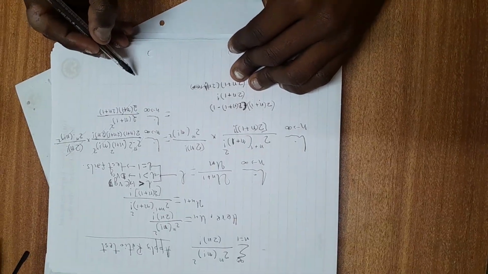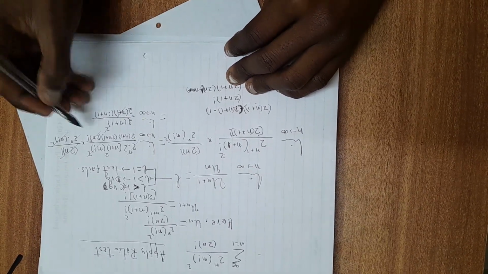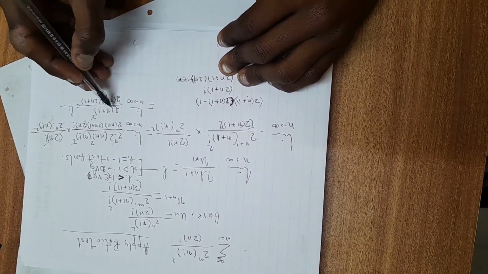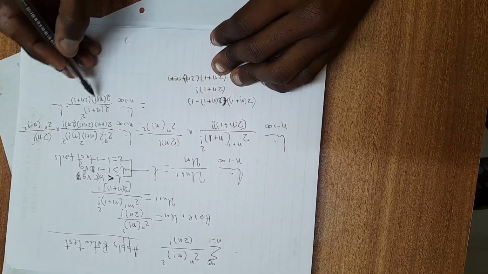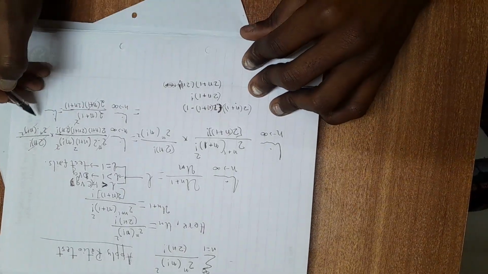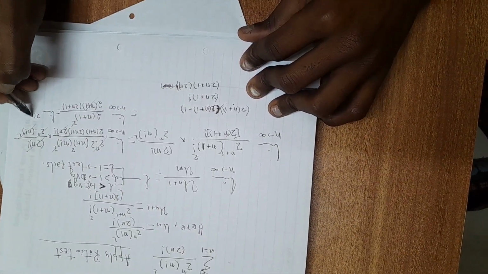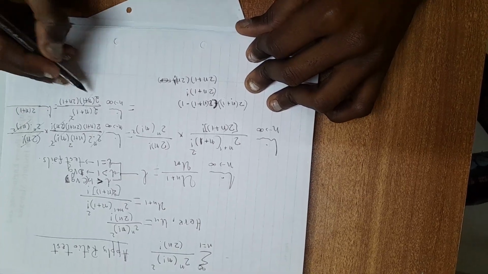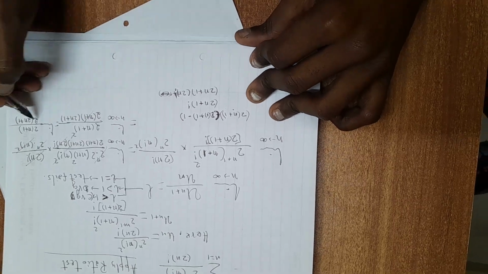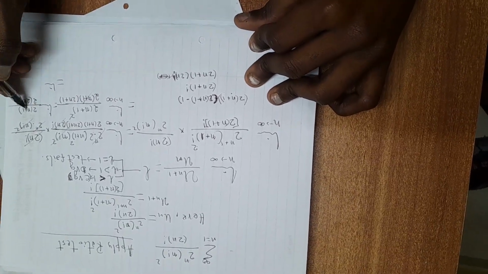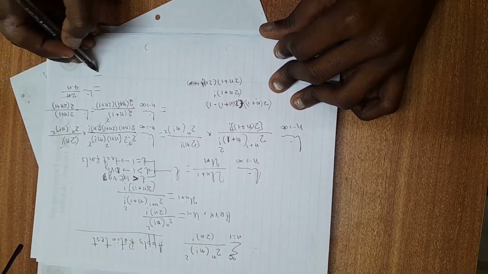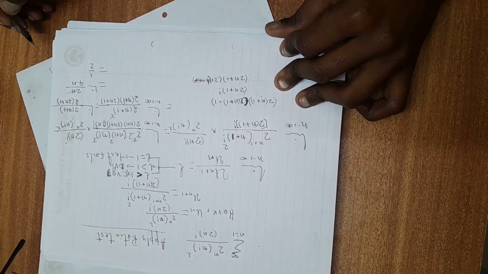Or you can directly pick the term with the greatest degree of n, divide them all, and you are done. Downstairs you get 2n times 2n plus 1, so this limit will be equal to 2n squared upon 4n squared, which is 1 by 2.